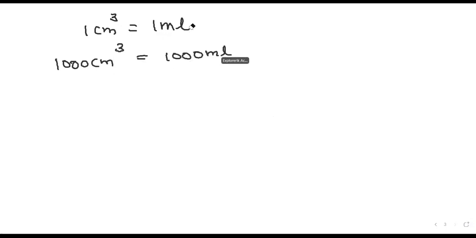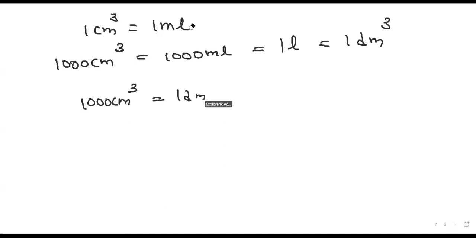You can understand 1000 milliliters is 1 liter, and that's equal to 1 decimeter cube. That means simply 1000 centimeter cubes is equal to 1 decimeter cube. So in 1 decimeter cube of a volume, you can store 1 liter of liquid, 1000 milliliters of liquid. Simply note it down.